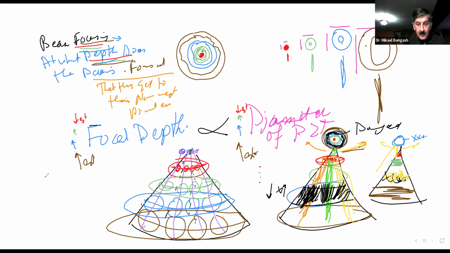Because that side to side, the sector shape image, was due to the steering of the beam, the back and forth ding, ding, ding motion of your PCG.